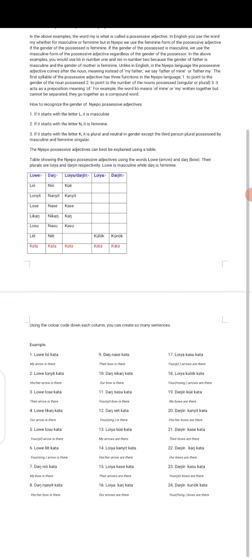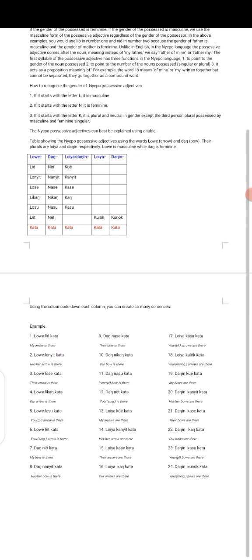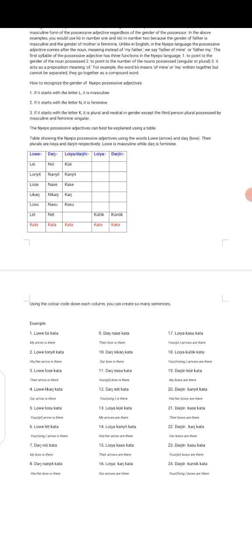Number 3, it acts as a preposition, meaning of. For example, the word Leo means of mine or my, written together but cannot be separated. They go together as a compound word.